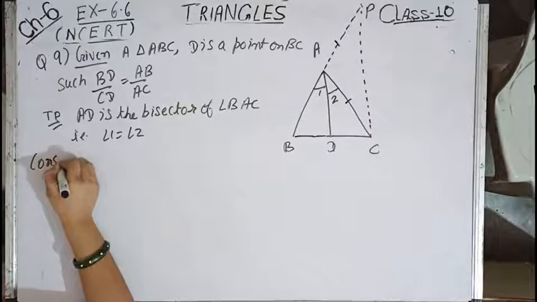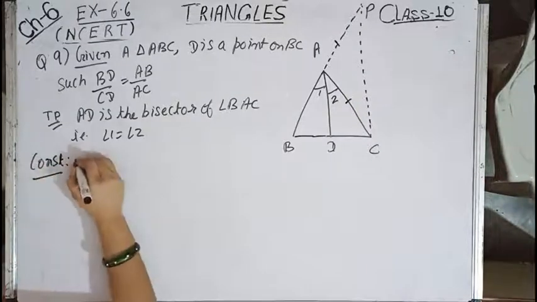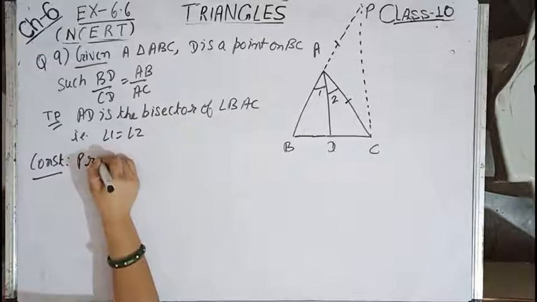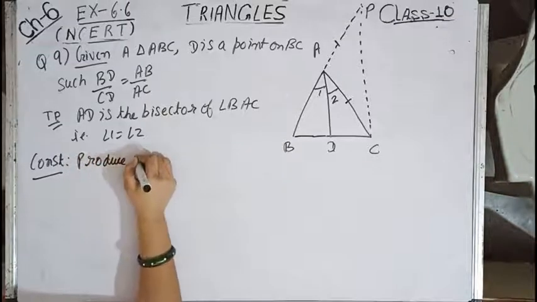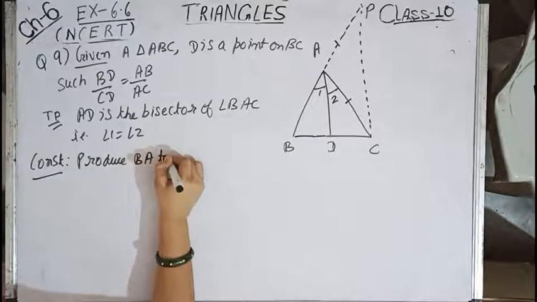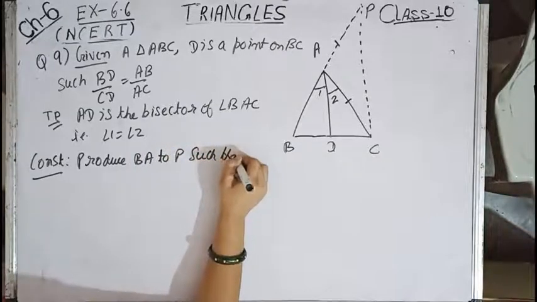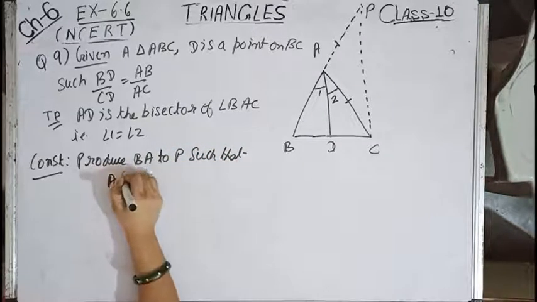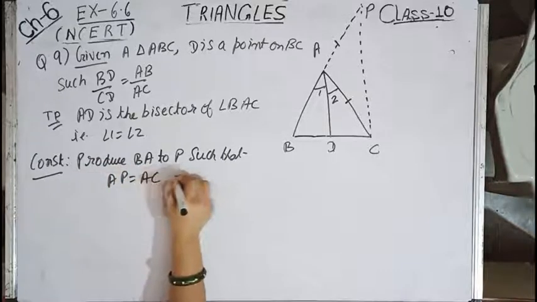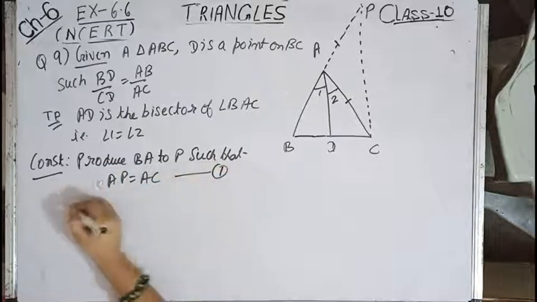Construction. Produce BA to P such that AP equals AC. Make it equation number 1.